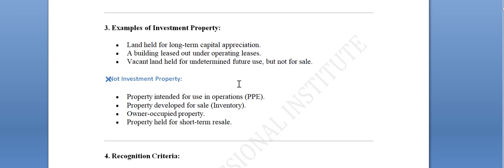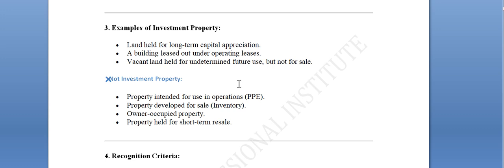Now, a property that you intend to use for operational activity, for instance, as an administrative office, or where you want to be selling your goods and your services, they are not investment properties. That's number one. Those are classified as PPE. The building, the land that you are using in the ordinary course of your business, they are not investment property.